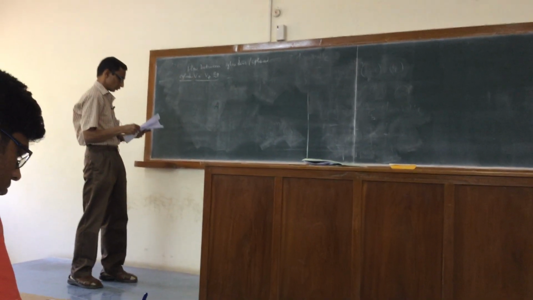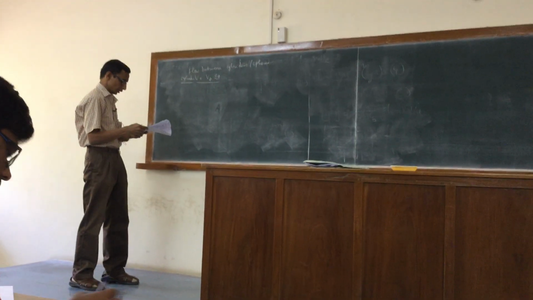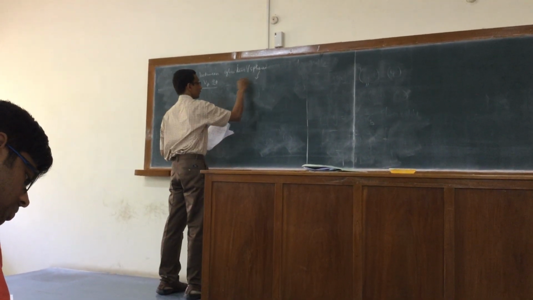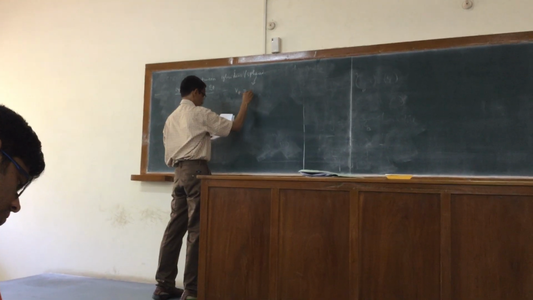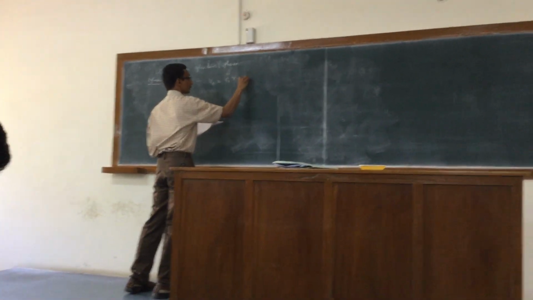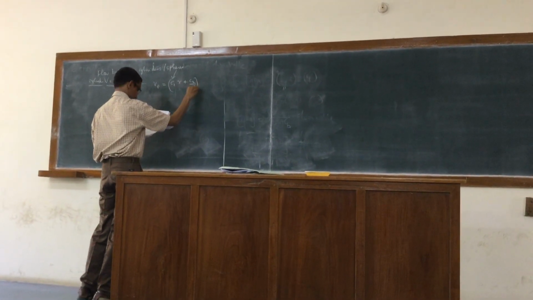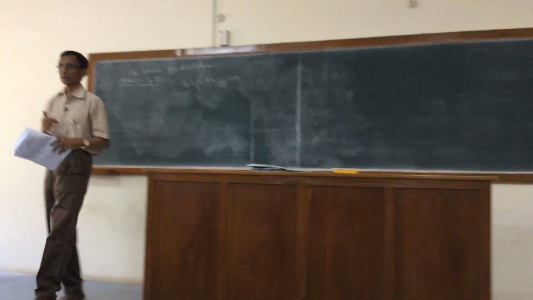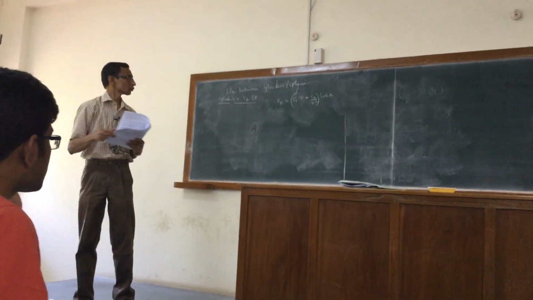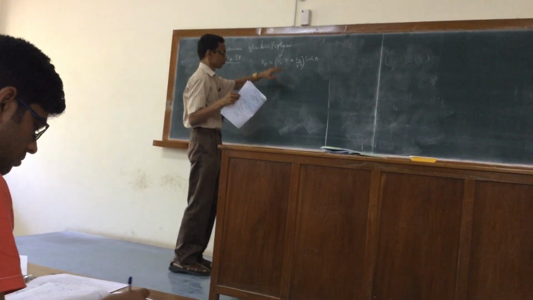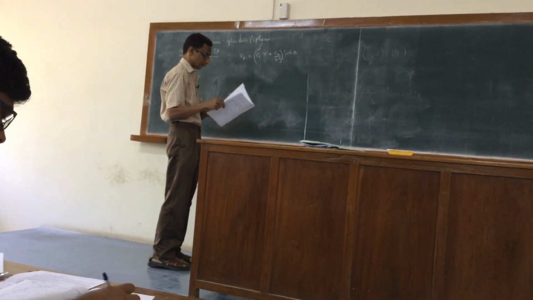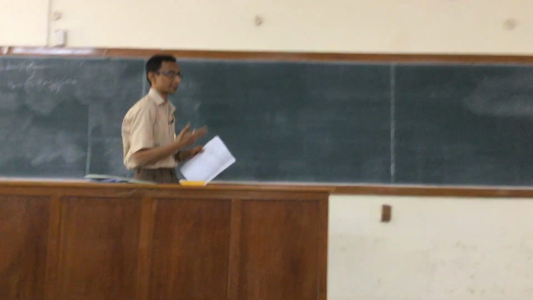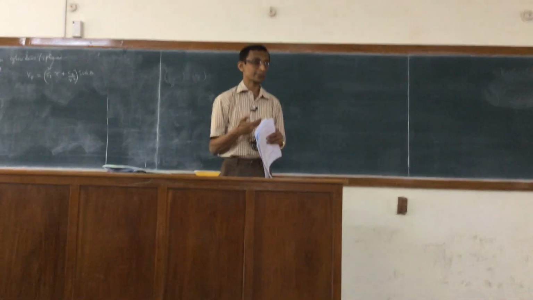Now, for the flow between concentric spheres, we showed that phi is given by C1 r + C2 by r squared, times sin theta. Comparing with what we had for the cylinder, which was C1 r plus C2 by r, this is different because there is a dependence on theta as well.